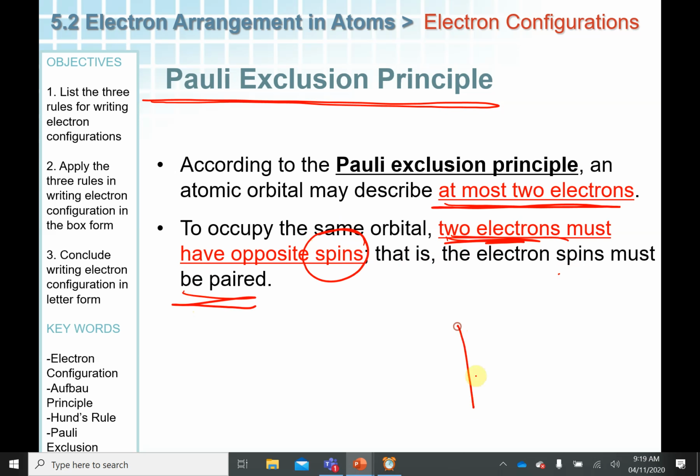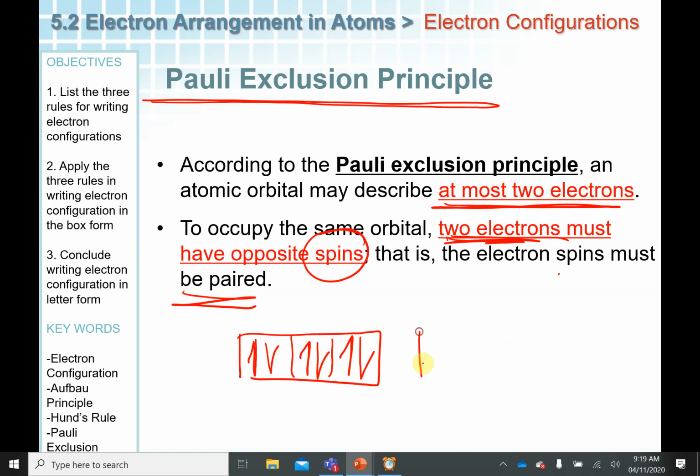Did you notice when we were putting the arrows, one is up, one is down? So, for example, if we have this electron configuration and this electron configuration, which one do you think is correct?